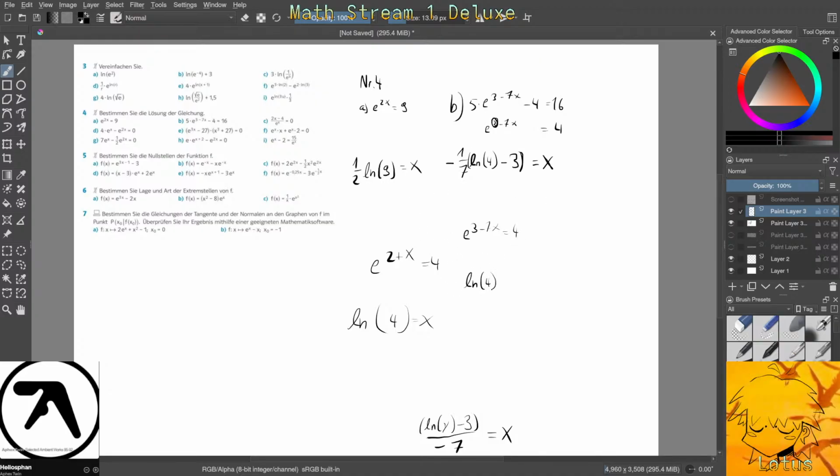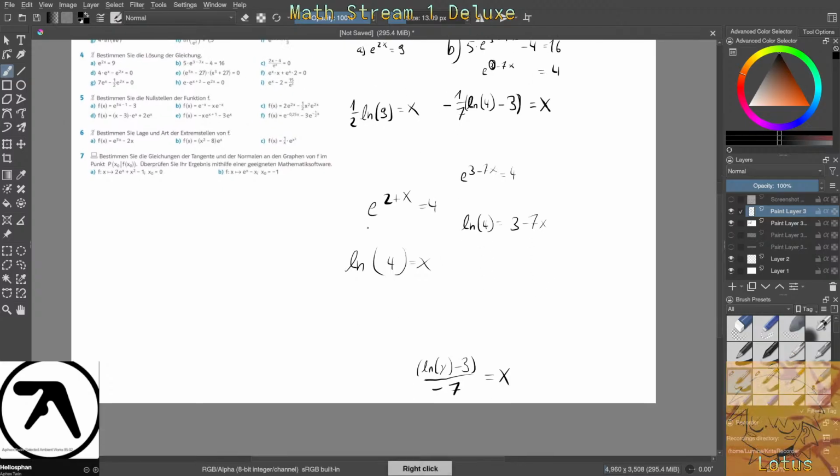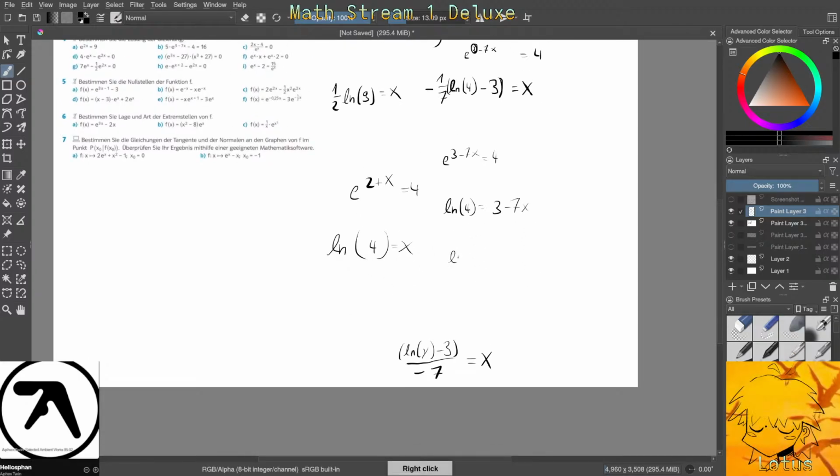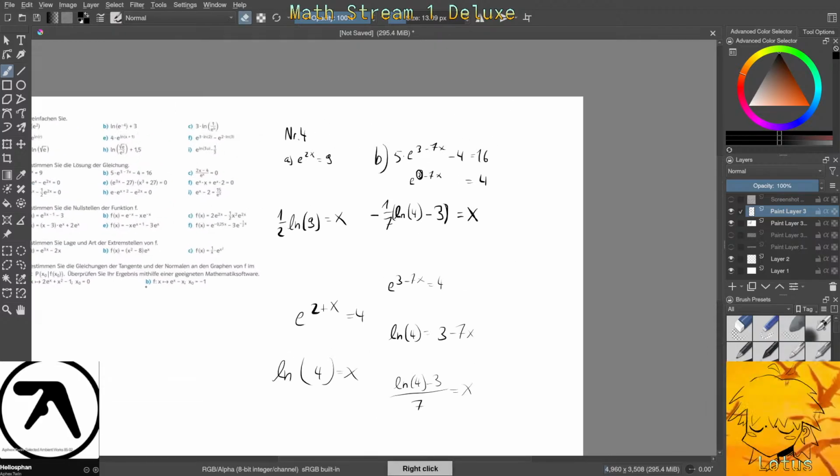So you get 4 equals 3 minus 7x, right? And then you just go ln of 4 minus 3 divided by 7. Yeah, that's a pretty easy way to do it actually. I think that's the way.